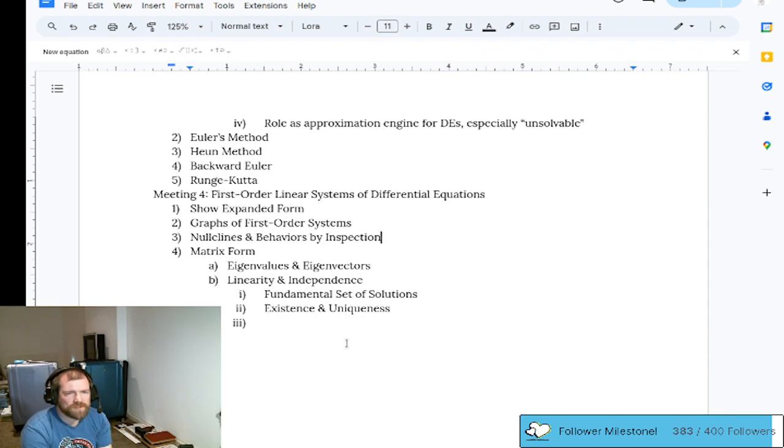So we could do graphs of first-order systems. I think p-plane 6 does that one. X prime equals and y prime equals, and then you have each of those differential equations operating on each other, or using both variables to get something cool.